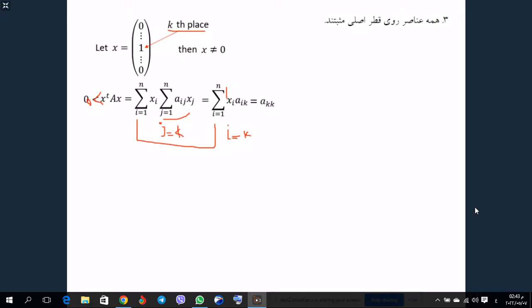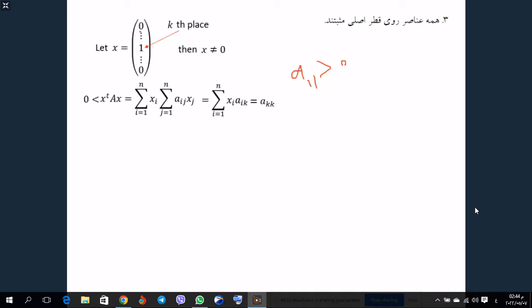We wrote that here. So all entries on the main diagonal are positive. If the 1 is in the first entry, that is A11 is positive.